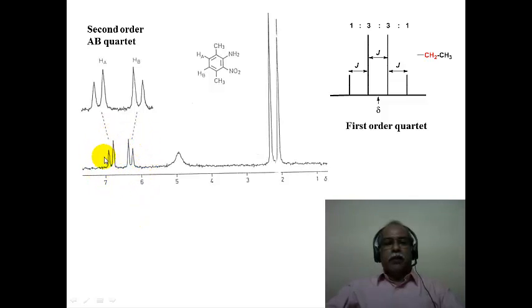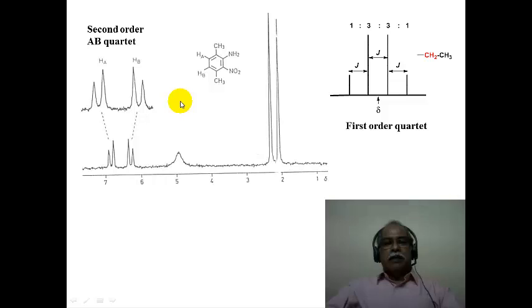If you look at this pattern carefully, HA should couple with HB and split it into a doublet. Similarly, HB should couple with HA and split this into a doublet. So one should see two doublets, and the doublets usually should have equal intensities in terms of the two lines of the doublet. But that's not the case in this particular system. You can see some kind of a roof effect, in terms of the intensity of the inner lines being higher than the intensity of the outer lines.